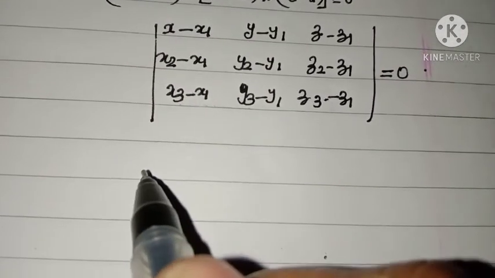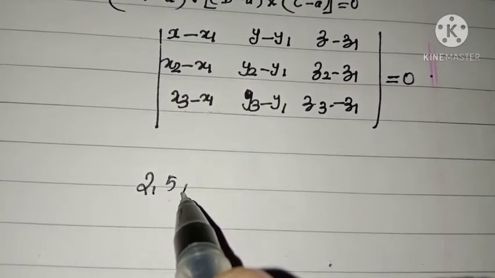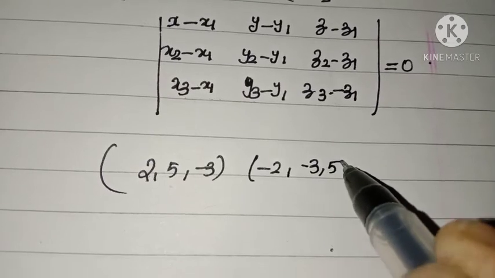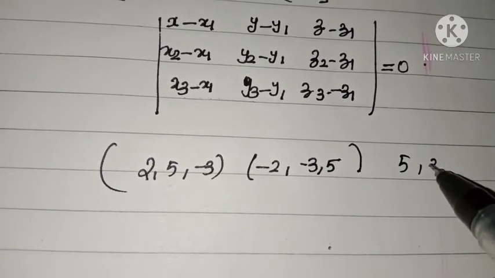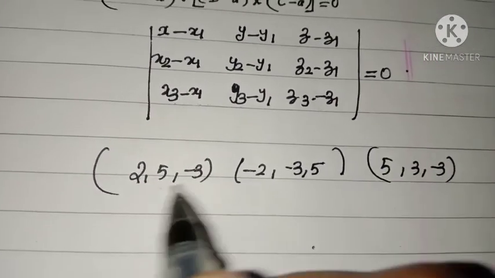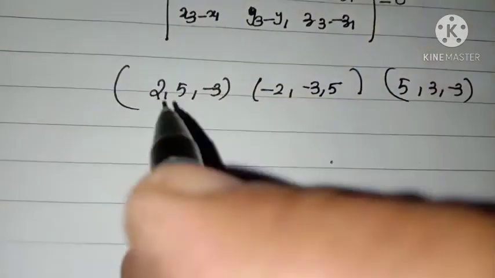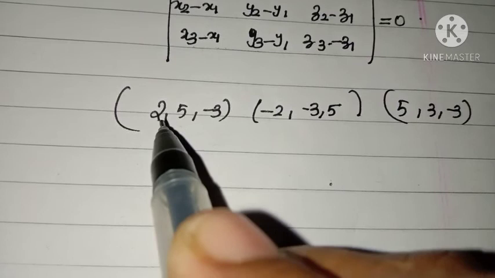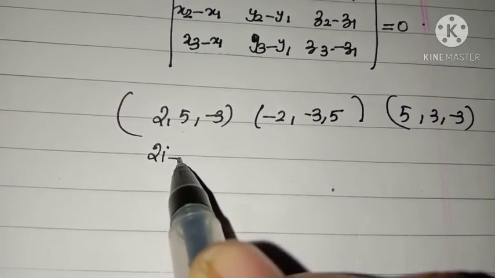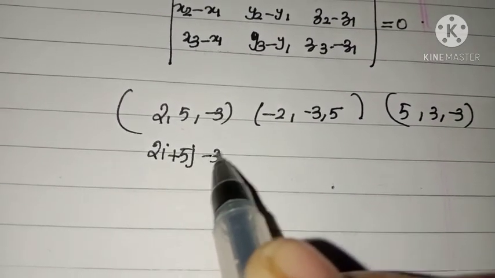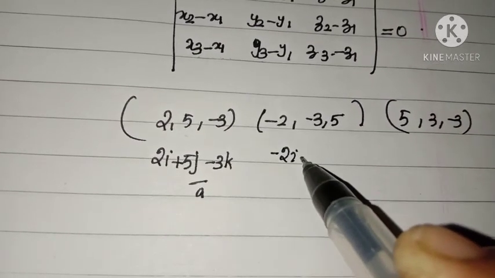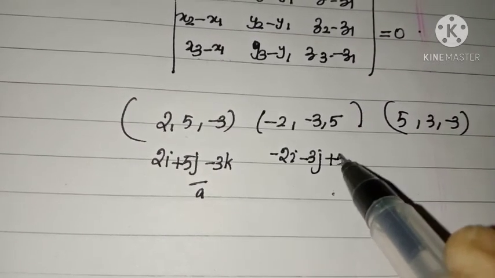Suppose we have 3 points (2, 5, minus 3), (minus 2, minus 3, 5), (5, 3, minus 3). These are the 3 non-collinear points. So the vector equation can be written as follows. Here write the vectors. Vector a is 2i plus 5j minus 3k. Vector b is minus 2i minus 3j plus 5k.